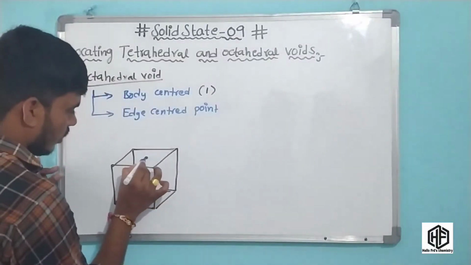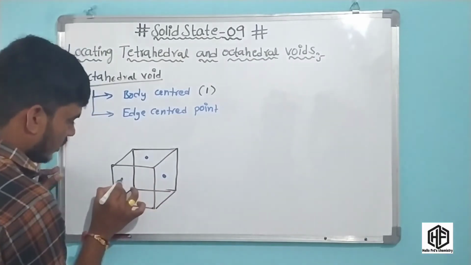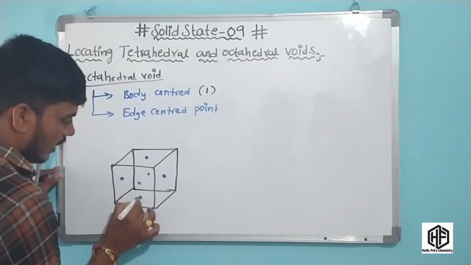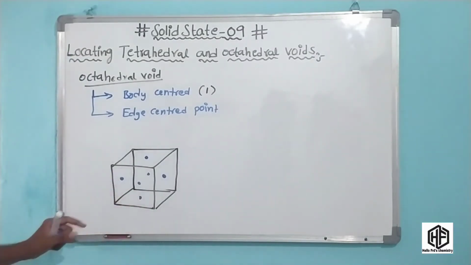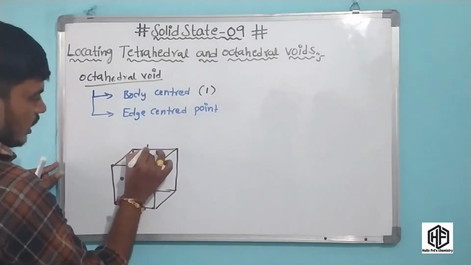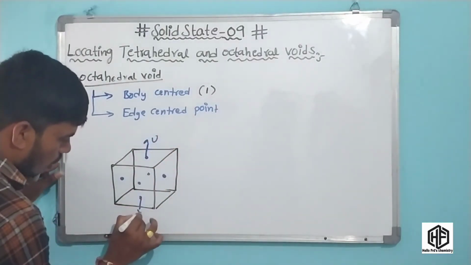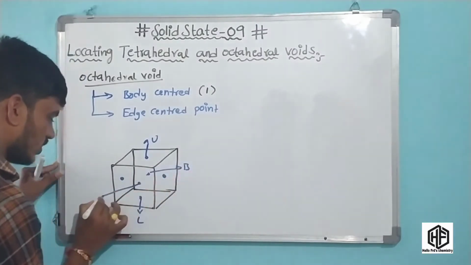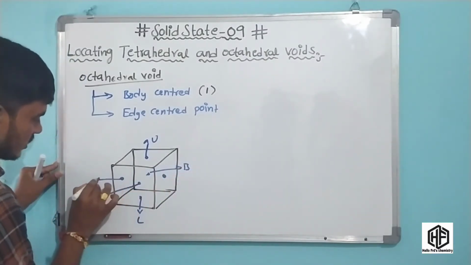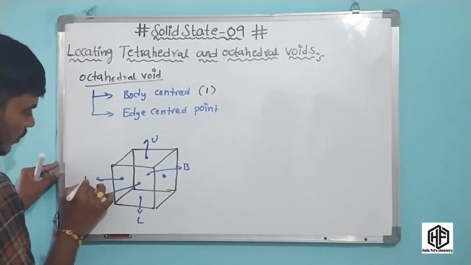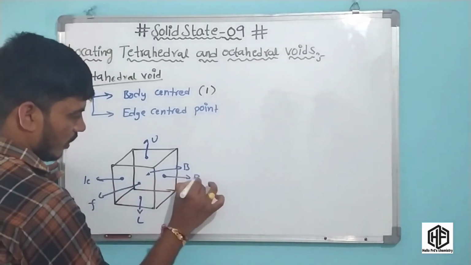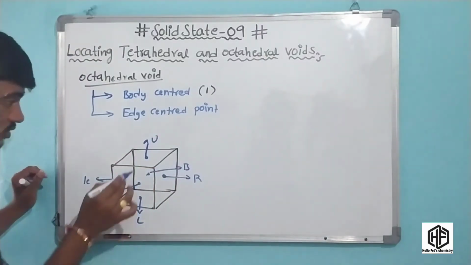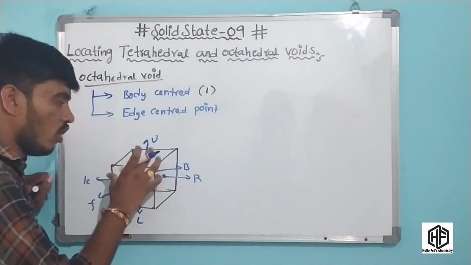This is one face, another face, and another face; this is the front face and this is the back face, this is the upper face and this is the lower face, this is the left face and this is the right face. These six face atoms form a void.